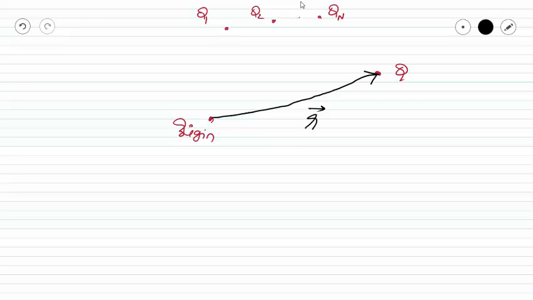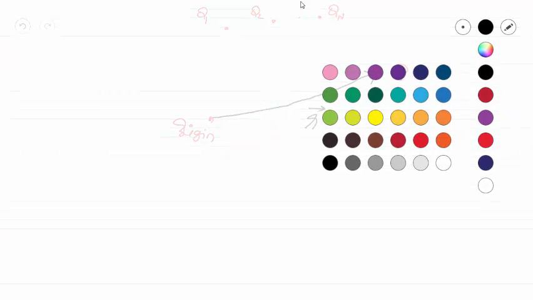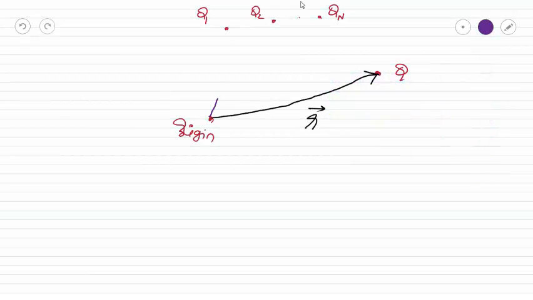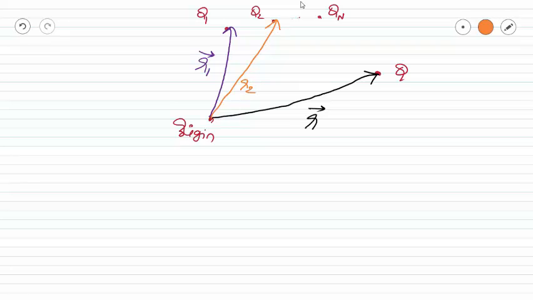Similarly, this is the position vector of q1, which is r1 bar, and this is the position vector of q2, which is r2 bar.